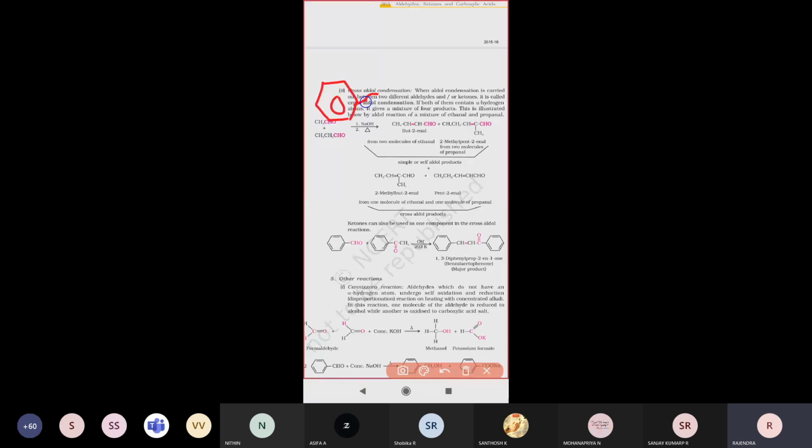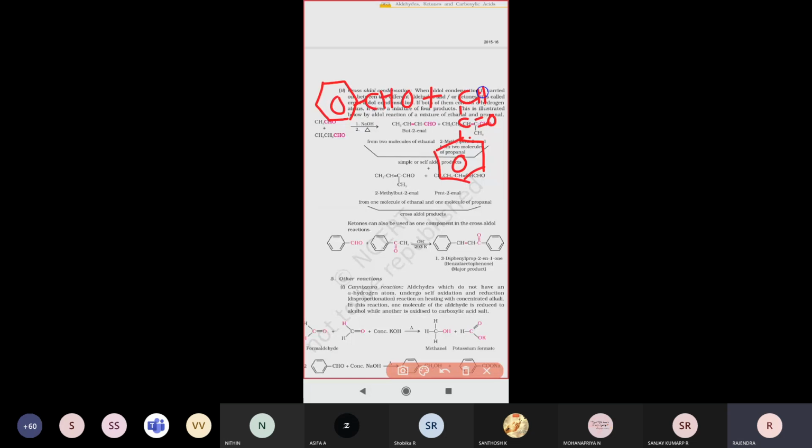CHO benzaldehyde plus another one, acetophenone. That means benzene, C double bond O, CH3, and I am writing CH2 like that, and H like this.